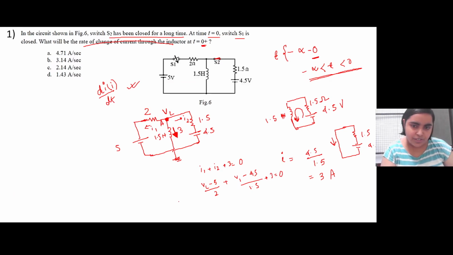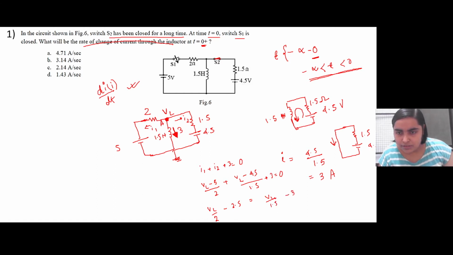So now you have to just solve for VL, right? So just like VL by 2 minus 2.5 plus VL by 1.5 minus 3 plus 3 equal to 0.